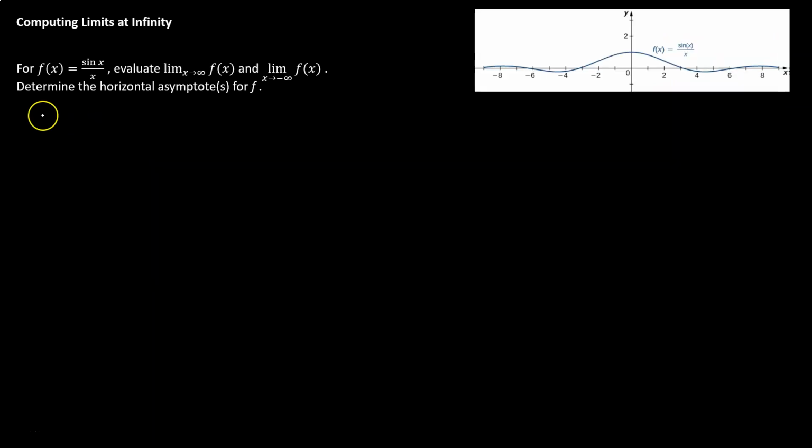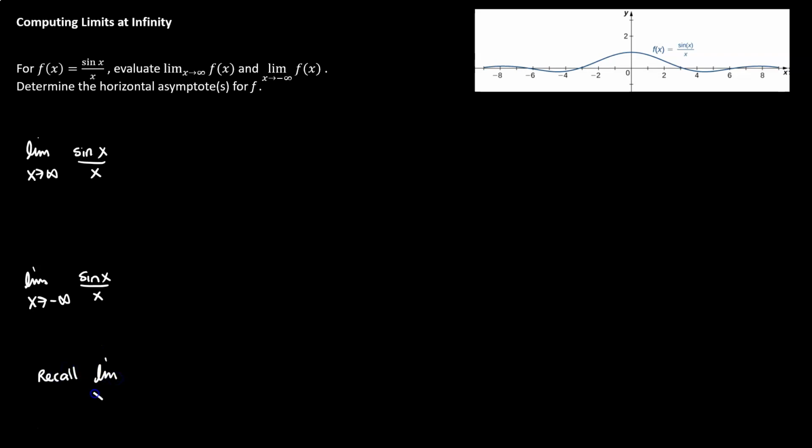Looking at our next function, we have sine x over x, and here we'd like to again evaluate the limit as x goes to positive infinity, as well as the limit as x goes to negative infinity for the function sine x over x. Now we've seen this function before, but I want you to know the difference.